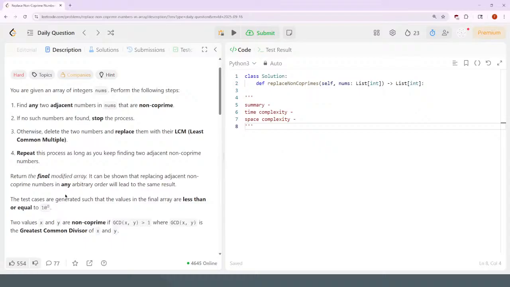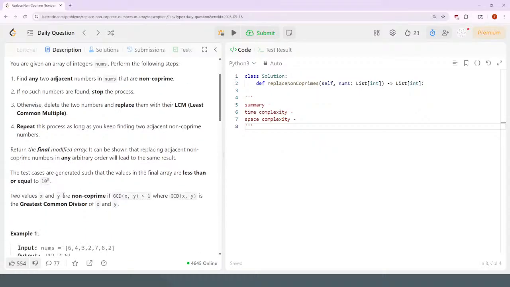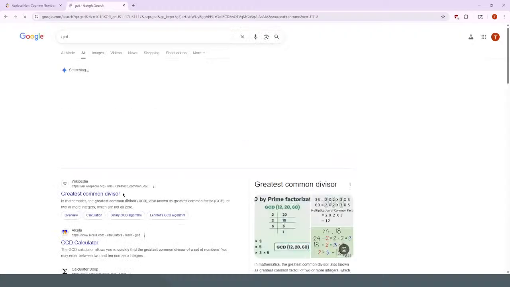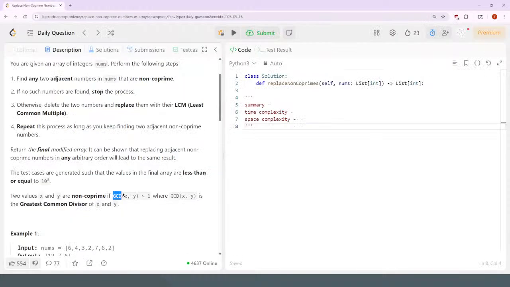Okay. Two values are non-coprime if the greatest common denominator, GCD, I think that's greatest common denominator. Greatest common divisor, yeah, okay. If the greatest common divisor between them is greater than 1.